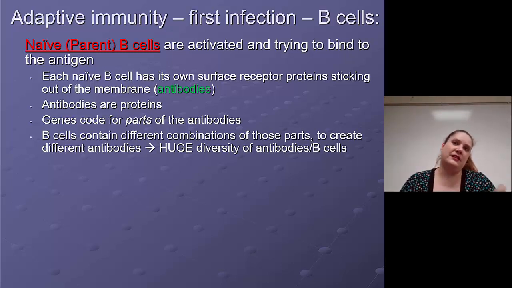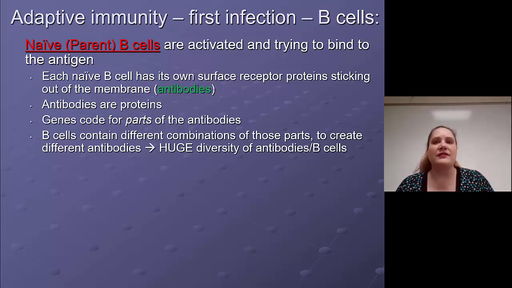So you've got A, B, C as your little chunks of proteins you can make. So you could have a naive B cell that only has A on the outside. You could have a naive B cell that only has B on the outside. You could have one that only has C on the outside. You could have one that has AB on the outside. You could have one that has BC. You could have one that has AC. You could have one that has ABC on it.